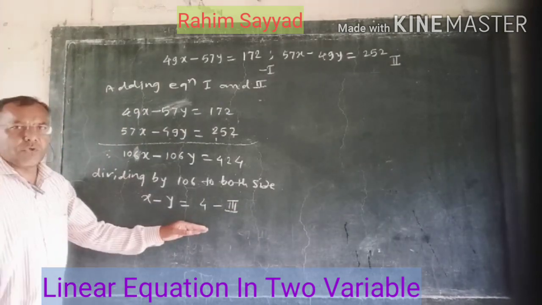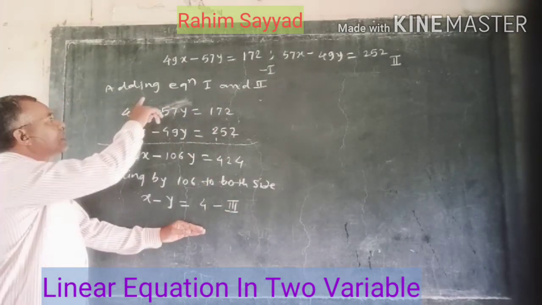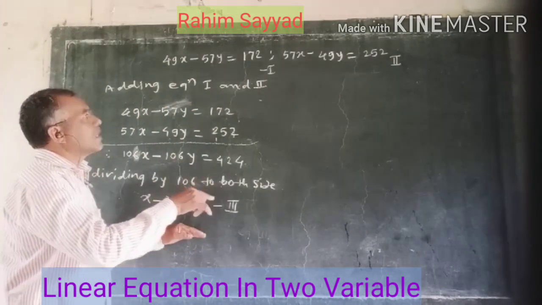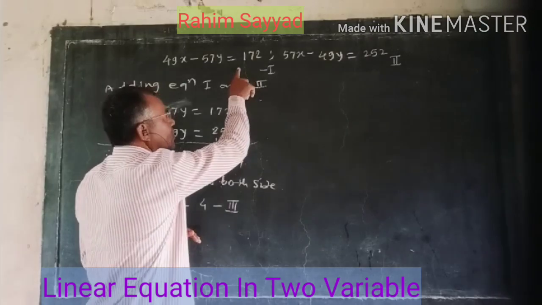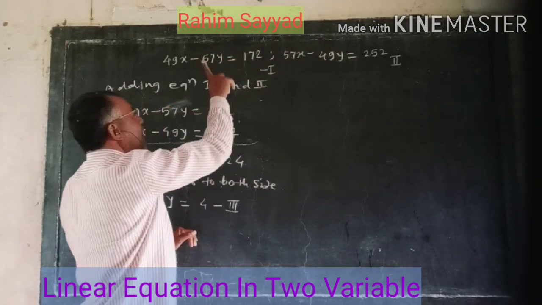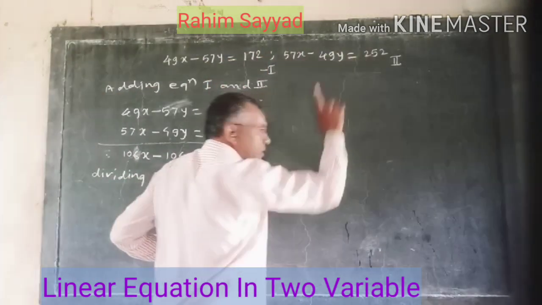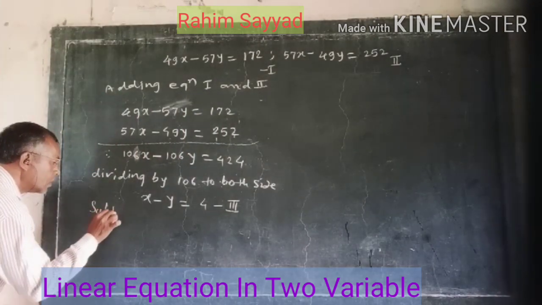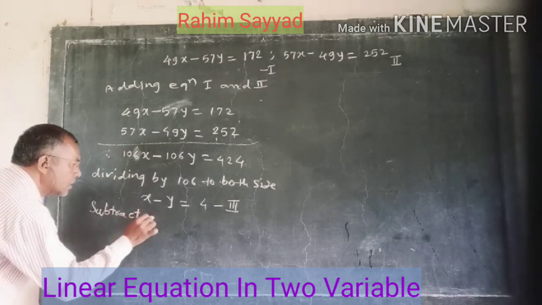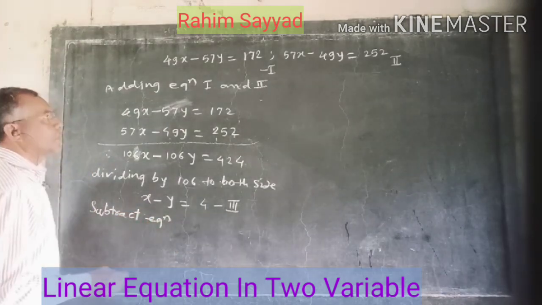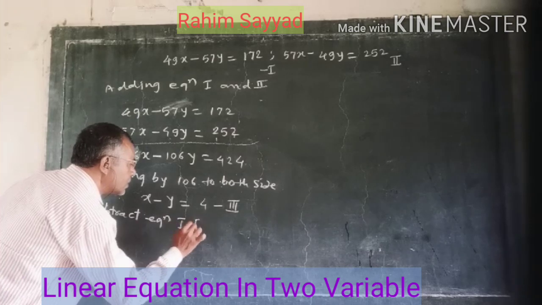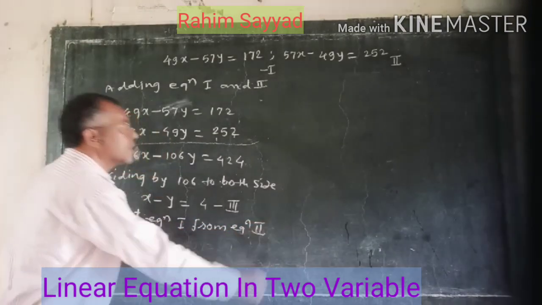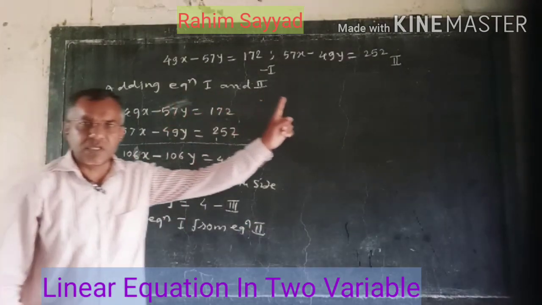After this you will write the first step, adding equation first and second, and the second step is subtracting: subtract equation first from equation second.